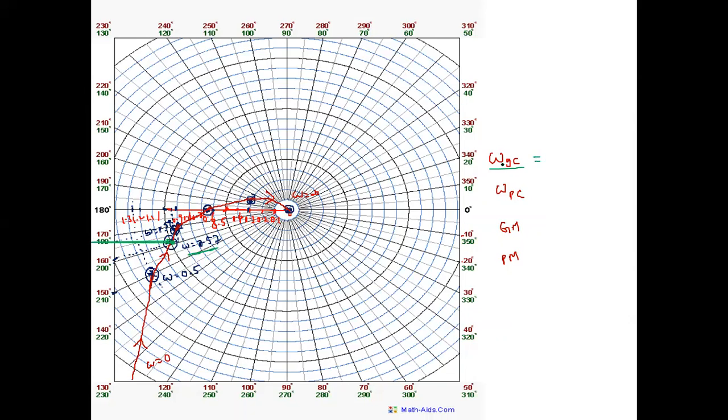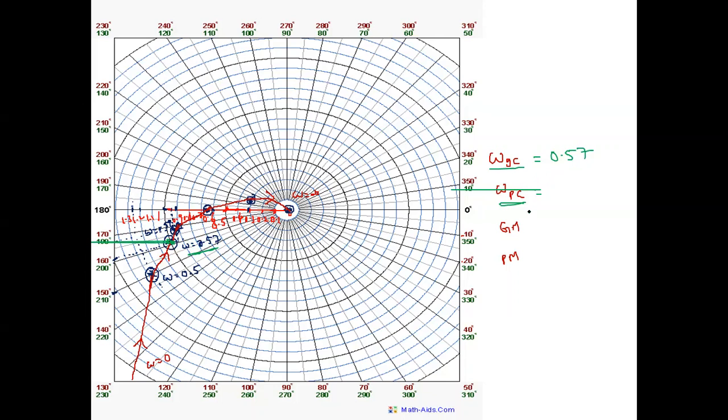So that omega value, 0.57, is the omega GC. If I draw this graph, this plot touches the unit circle somewhere, and the omega value at that point is the omega GC.